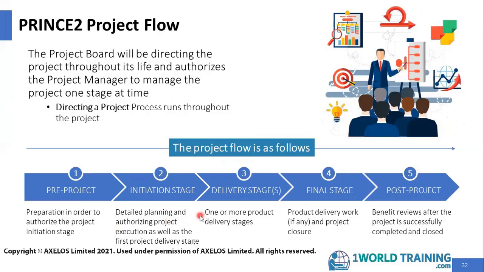Then we have 1 or more product delivery stages. And then we have the final stage in which the product delivery work may be done, if any, otherwise the project will be closed. And then post-project, after the project closure, where the benefit reviews will continue. Because most of the benefits generally happen after the project is closed, except in agile projects where the benefits will happen even during the project.